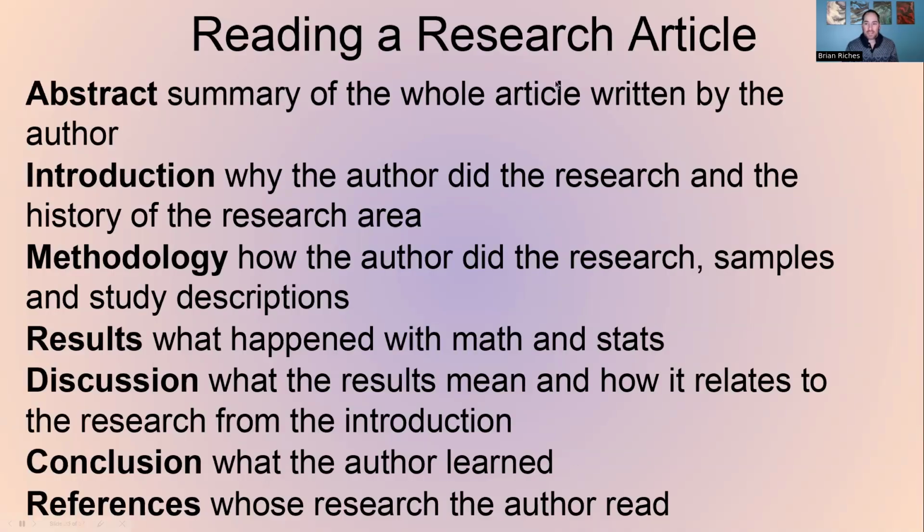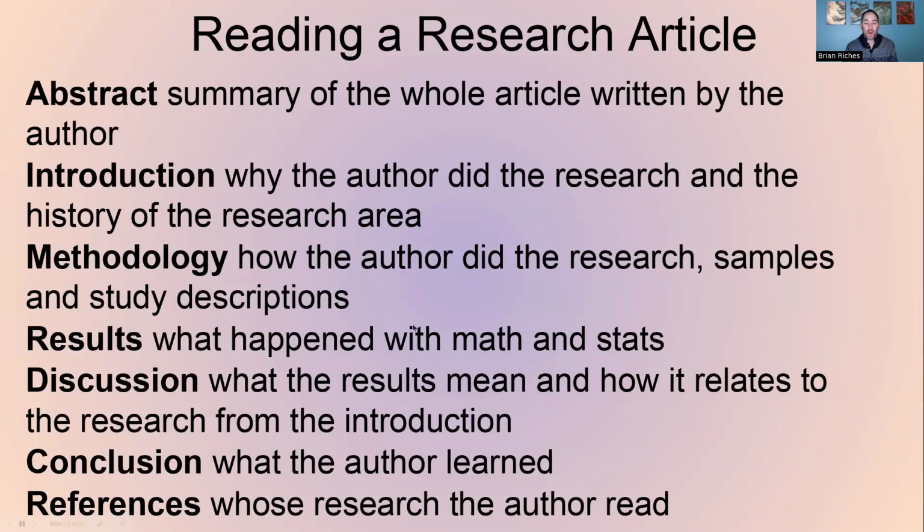So with that being said, these are the sections of a research paper. The abstract is that summary of the whole article. The introduction is the introduction of why the author did the research and then what's the history of research in that area. Definitely read those, especially in my 100 and 200 level classes, abstract and introduction. Methodology, results, you can probably skip if you're in 100, 200 level classes. Methods is how did they do the study? What are their samples? Then results is what is the math?